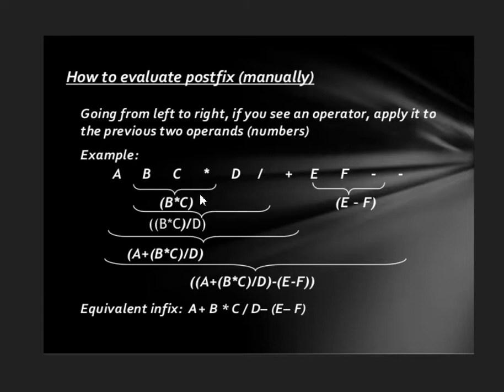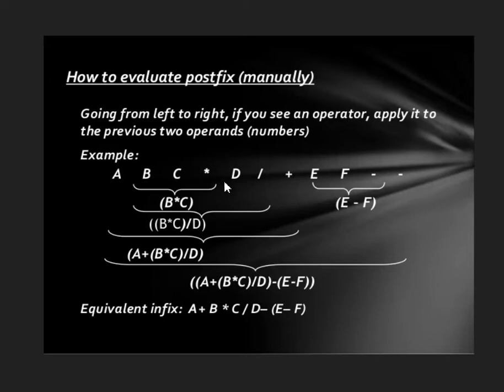Once we see the operator, we move back and take these two operands and apply this operator on them. This is what we obtain when we see the first operator in the postfix expression.